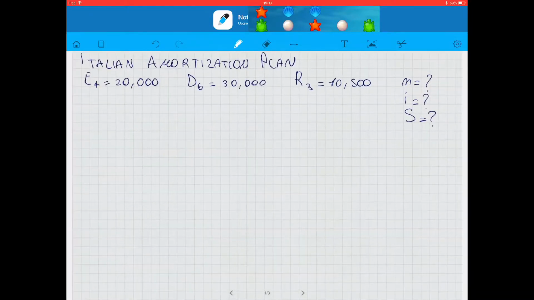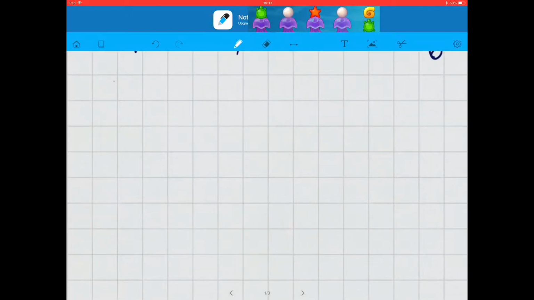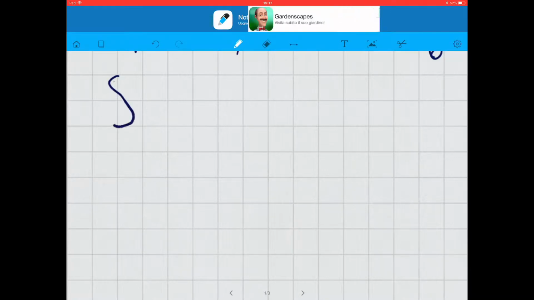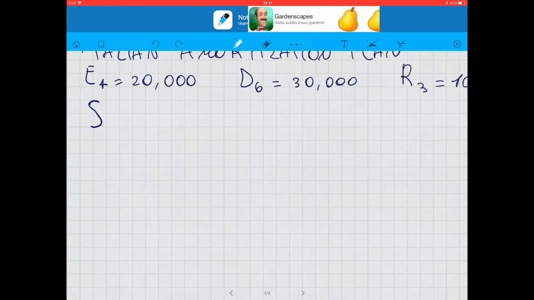Basically, what is the idea behind the Italian amortization plan and what is an amortization plan? Let's take for example that we want to open a pizza restaurant but we don't have the money and we ask the money to a bank and the bank is going to give us our loan that we need to pay back in n periods of time.